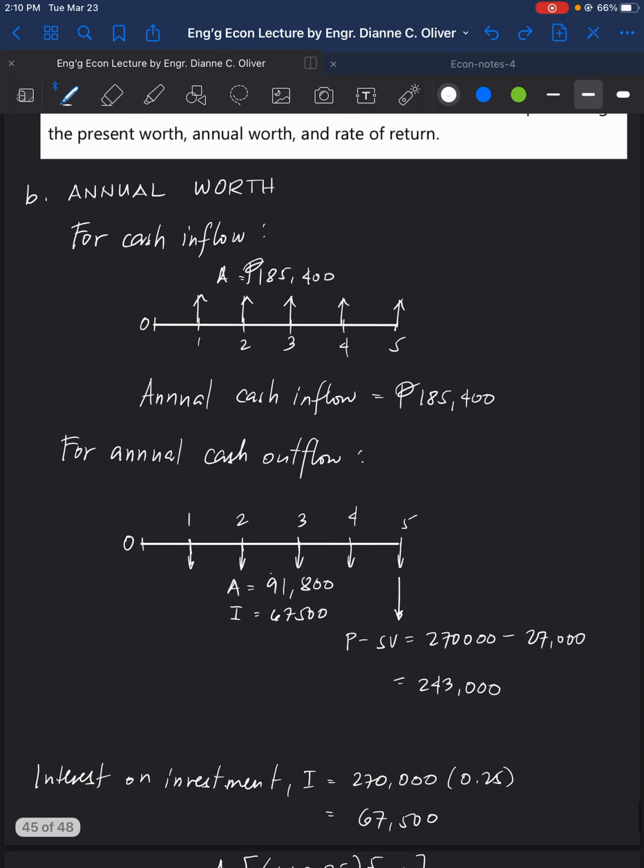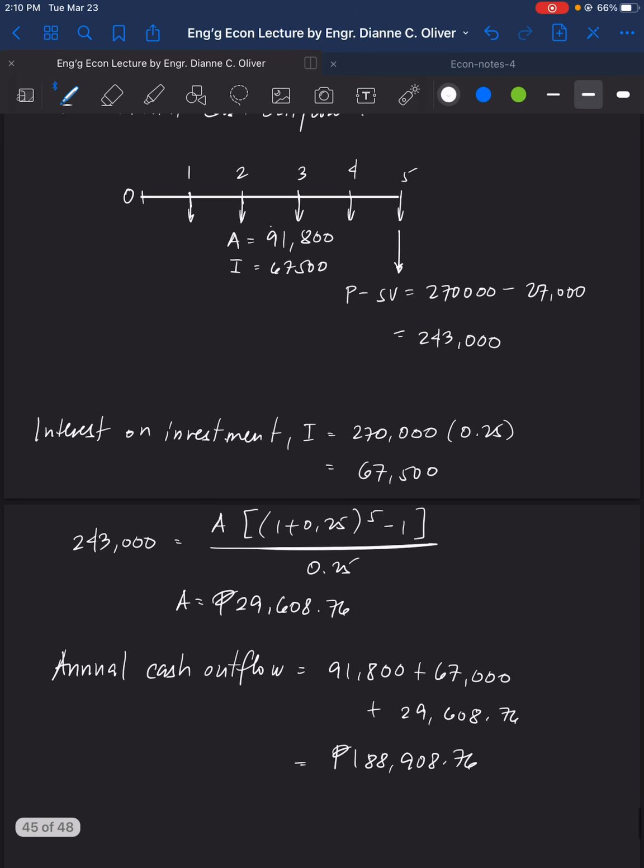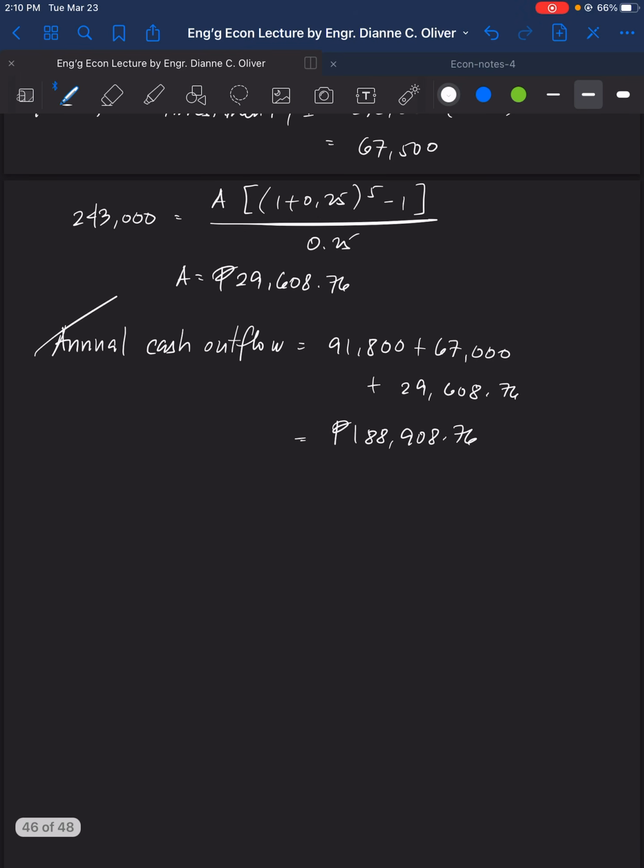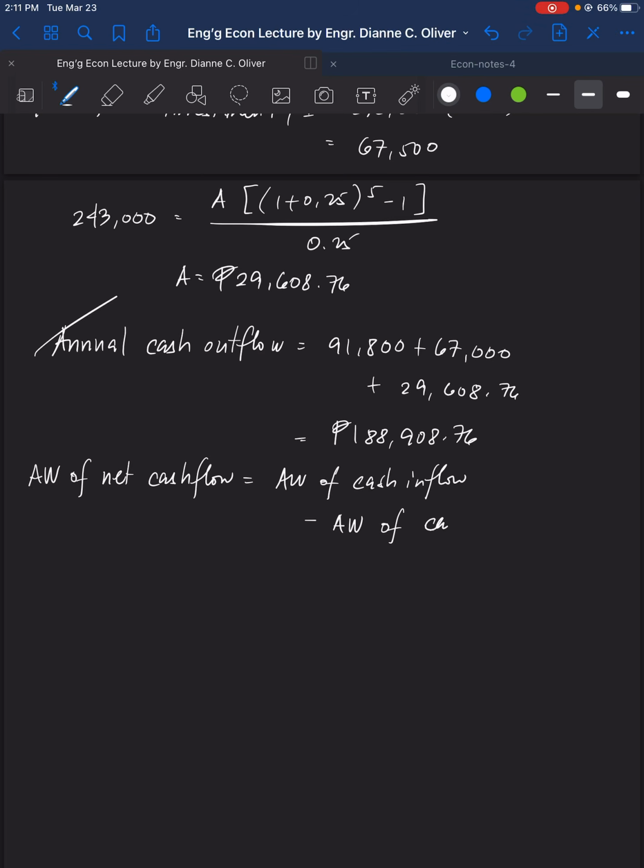So we now have the annual cash inflow, then annual cash outflow. So A, annual worth of net cash flow, is equal to annual worth of cash inflow minus annual worth of cash outflow.